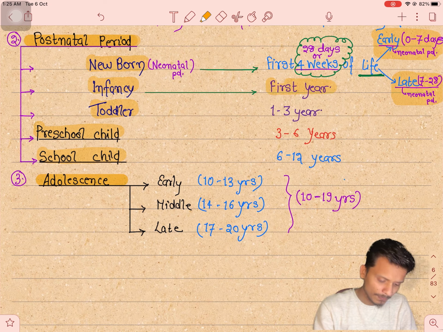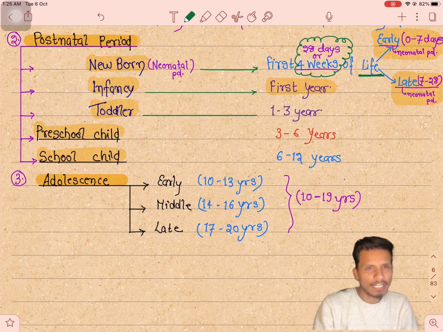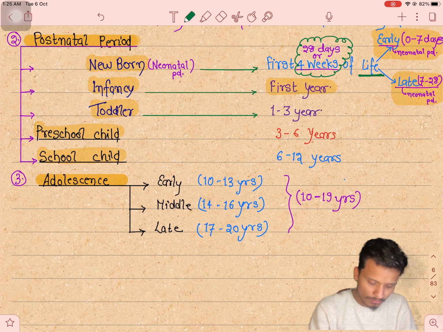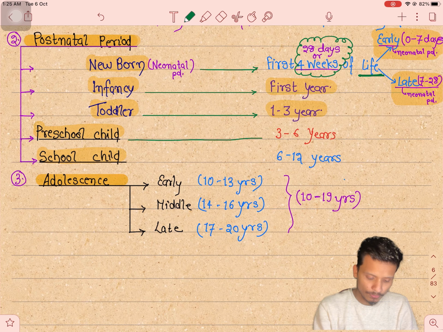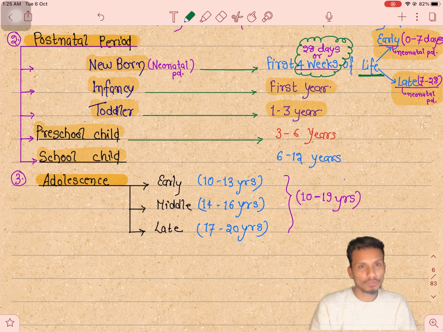Next, we can see the toddlers. The years of life we are going to count here are 1 to 3 years, and these children are called toddlers. Next, we can see the preschool children, the child who is getting ready to go to school, and that's why they are called preschool.